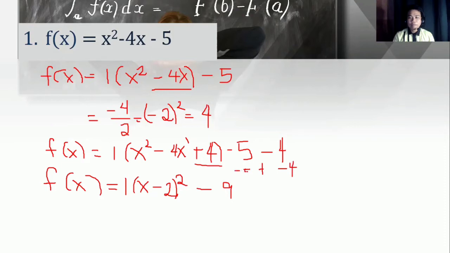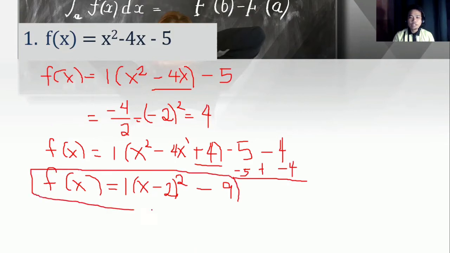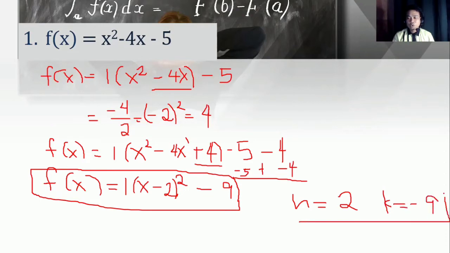So negative 5 plus negative 4 is negative 9. So we have now the vertex form of the quadratic function, where h from negative 2 becomes positive 2. Then k is as is, we have negative 9. So we got the vertex form and the vertex.